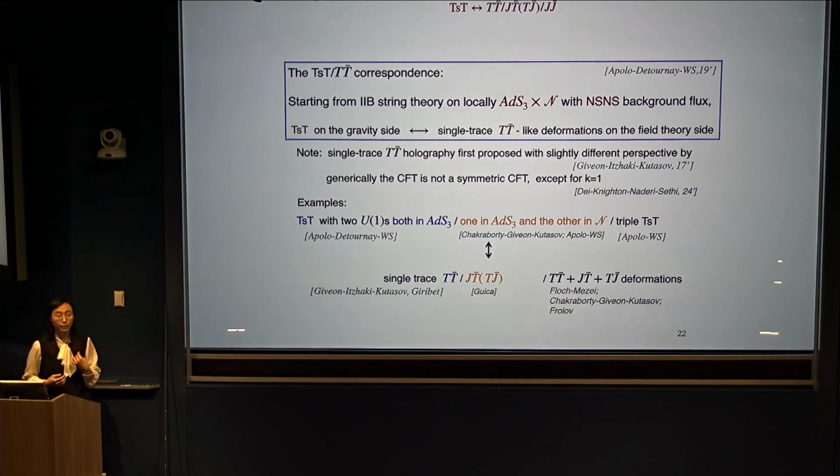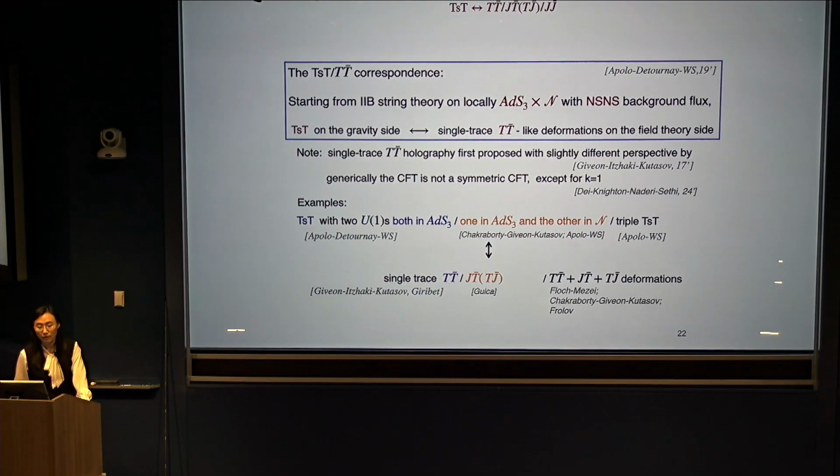Their deformation parameter is basically the string length, whereas here we have an additional parameter that is completely independent. Also, this TsT transformation can be done along arbitrary U(1) directions. If you do TsT along different directions, you will get different bulk geometries, and on the boundary they correspond to different solvable deformations.